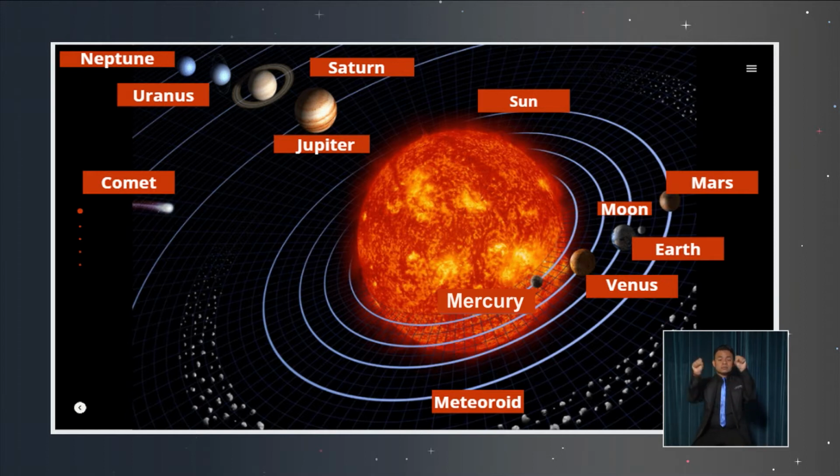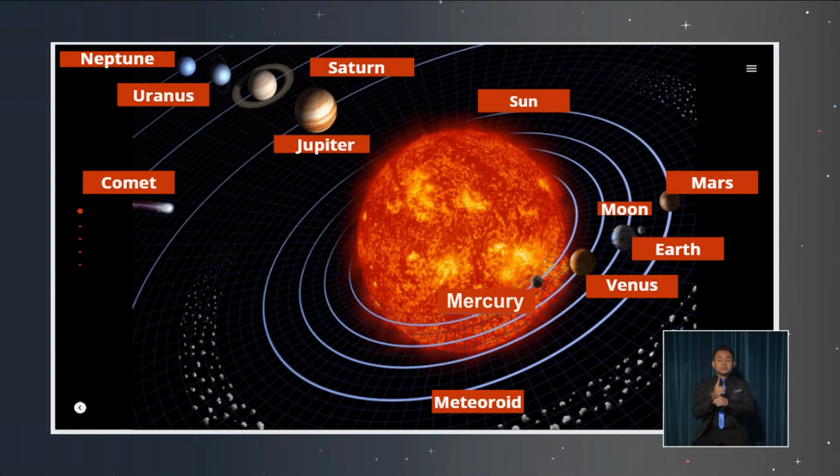The solar system consists of the sun, the planets, the natural satellites, asteroids, meteoroids, and comets. What is that giant thing in the middle? Yes, that is the sun. Where is the location of the sun in the solar system? Yes, that's correct.